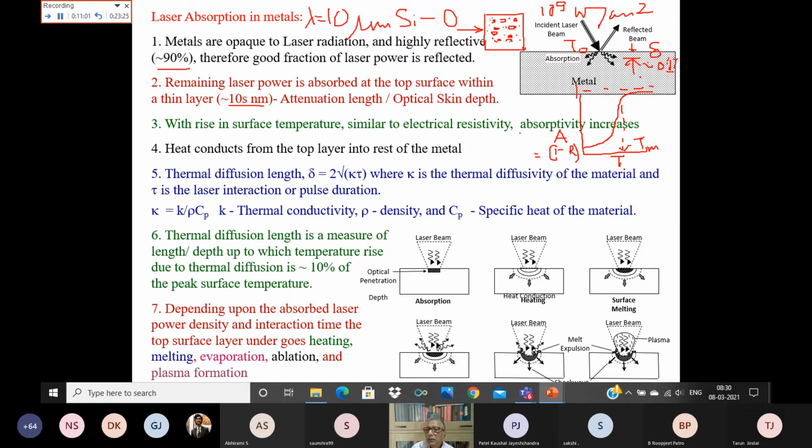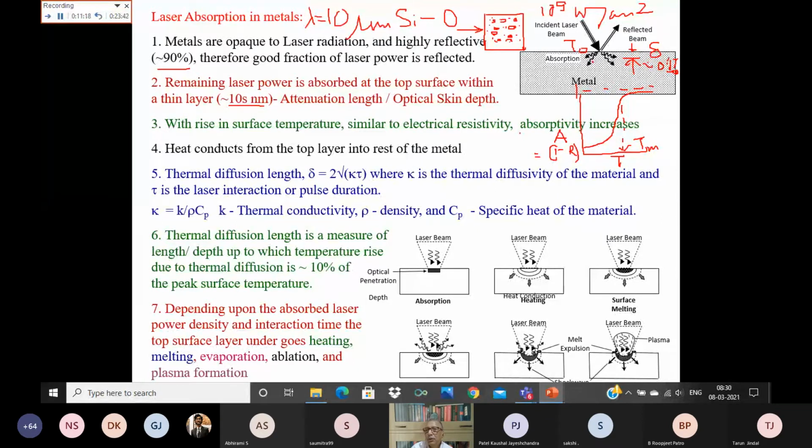So it is going to be about 10% of the top surface temperature. So if I have raised the temperature to 1500 degree, then at the thermal diffusion length, the temperature will be of the order of 150 degree or so.